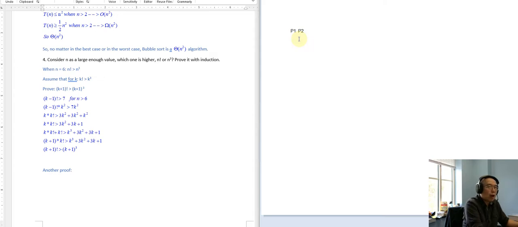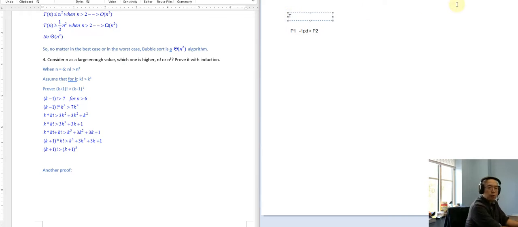The easiest way is, if I take 1 pound away from person 1 and person 1 is still heavier than person 2, this means person 1 is guaranteed to be heavier. Person 1 minus 1 pound is still greater than person 2, and this means person 1 is heavier than person 2.